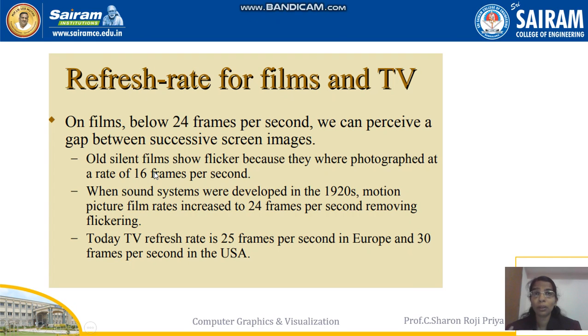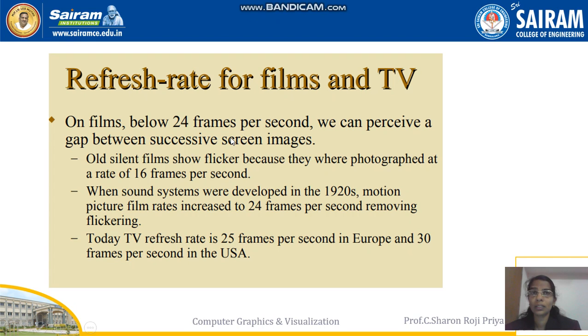What do you mean by frame? A frame is nothing but the complete screen area, that is, the electron beam sweeping the complete screen area one time is known as one frame. If it scans a second time from top to bottom, it is 2 frames. So in older films, the refresh rate is 16 per second, so I'll say 16 frames per second.